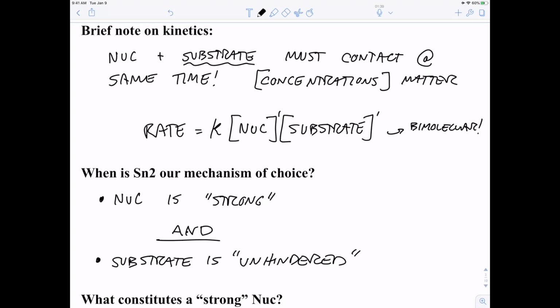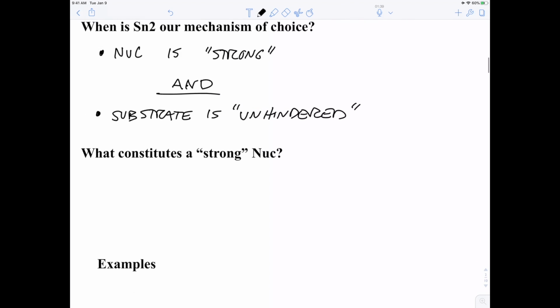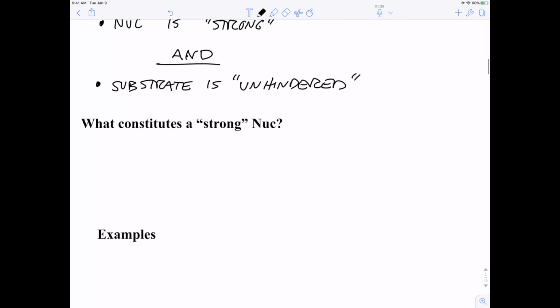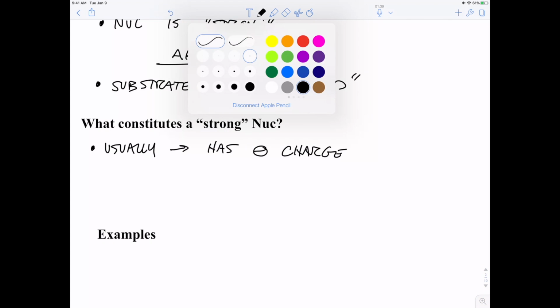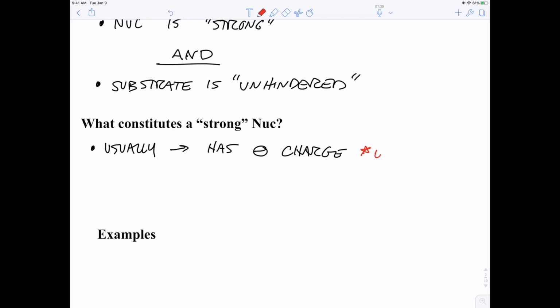Let's talk about that. So strong nucleophiles are usually what we're talking about when we look at a species that has a negative charge. But that's not always true. There are definitely a couple of exceptions here.